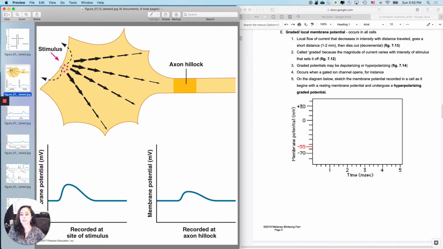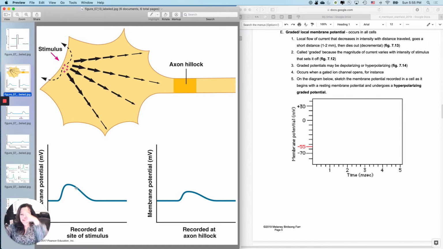if I opened a gated sodium channel right here, it would cause a change in membrane potential, yes? And hopefully you'll understand that if I open a gated sodium channel, then sodium will go from the extracellular fluid to the intracellular fluid.